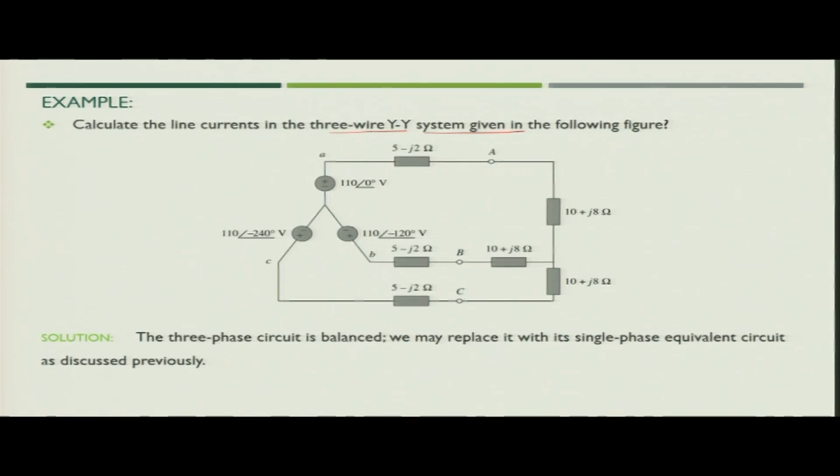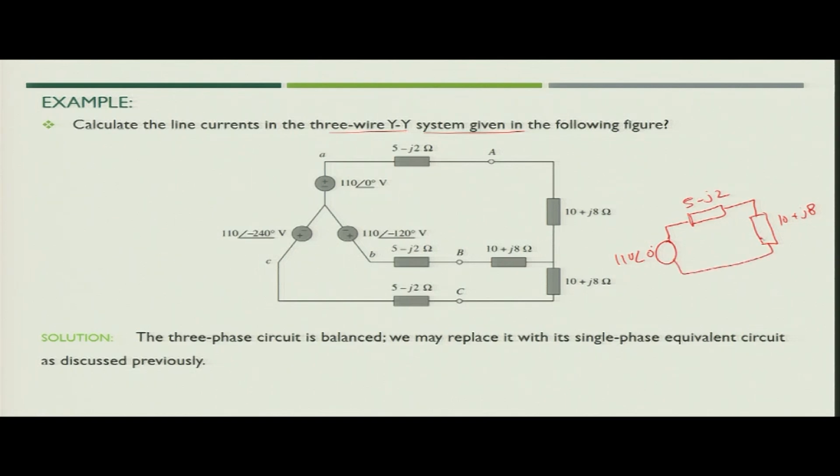So, what will we do? We will first create its single phase equivalent. When you create the single phase equivalent, what do you get? You get the voltage source 110 angle 0, then the impedance 5 minus J2, and then again the load impedance 10 plus J8.